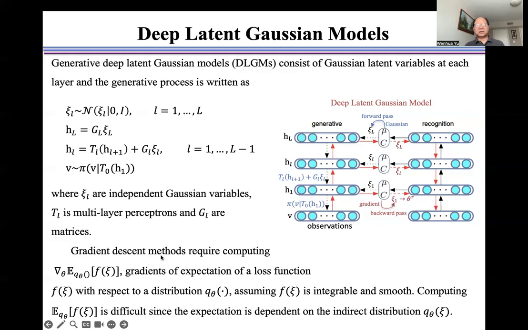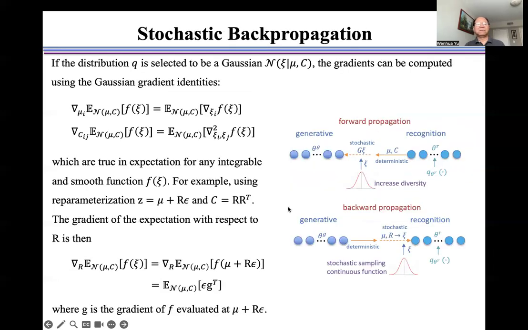Gradient descent methods require computing the gradient of the expectation of a loss function f with respect to a distribution q_θ, assuming f is integrable and smooth. Computing the expectation is difficult since it depends on the indirect distribution q_θ.